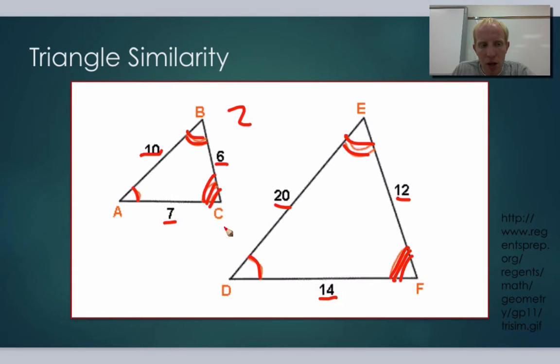We could do this process every single time of looking at every individual angle, looking at every individual side, making sure the scale factors are the same, making sure all the angles are the same. But that sounds like a lot of work. Let's look at an easier way to determine if triangles are similar. We basically have three tools in our toolbox to determine triangle similarity.